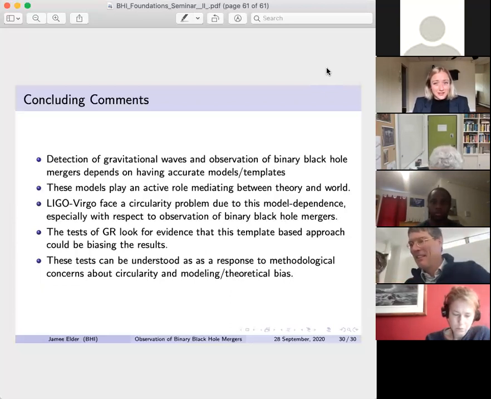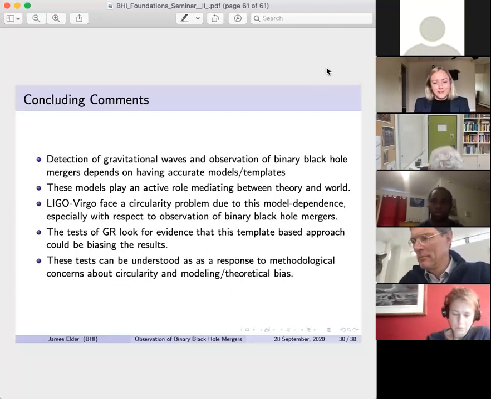Of course, to some extent, the fact that they have had one observation with an electromagnetic counterpart does seem to indicate that things are pretty much going okay. They thought it was going to be a binary neutron star merger, so they thought it was going to have an electromagnetic counterpart. Lo and behold, they did observe it, and the many observations of that counterpart matched very well with the models of how you would expect that kind of system to evolve.